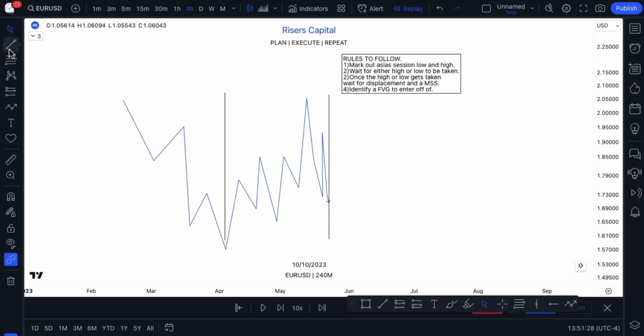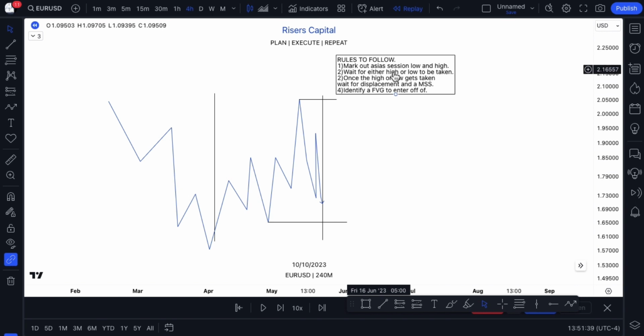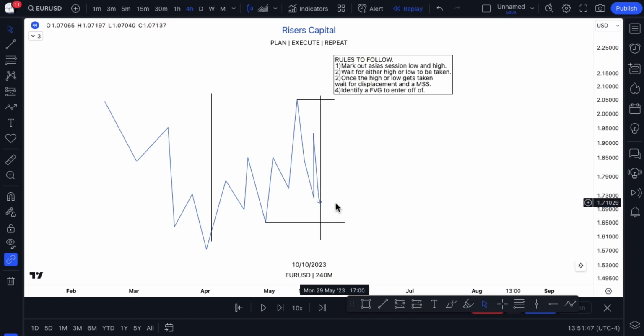The first rule is you want to mark out the low and high. So we've got our high and we have our low here, so this Asia session. Now you want to wait for either high or low to get taken. Once the high or low gets taken, wait for displacement and the market structure shift.